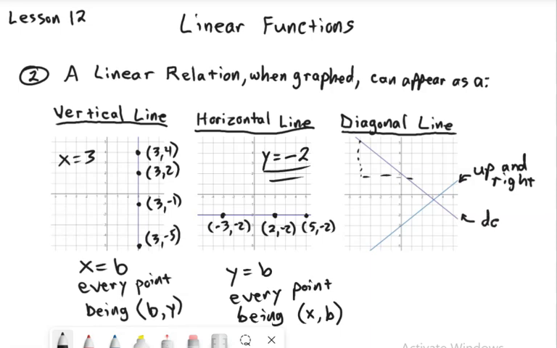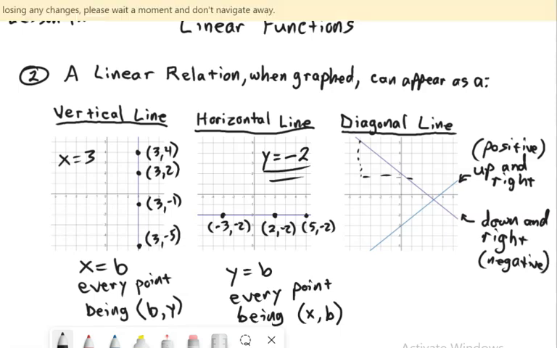Okay, so it goes down and right. Now, an up and right line we call positive, and a down and right line we call negative. And a diagonal line takes on a form that we'll describe more later.